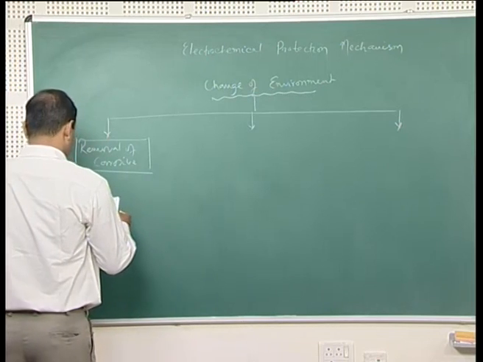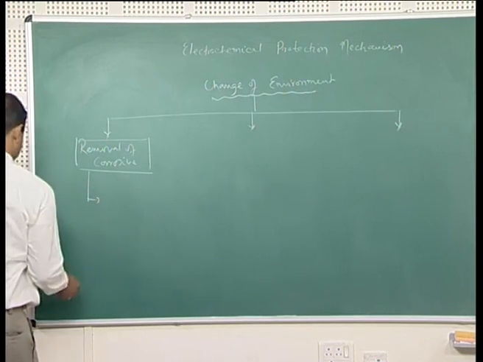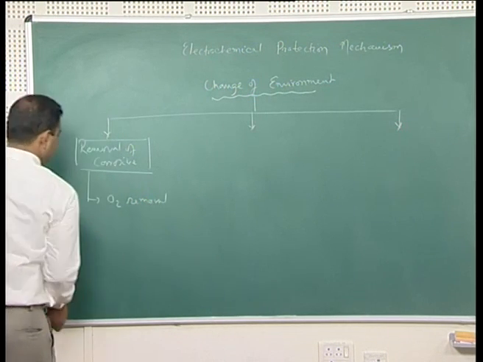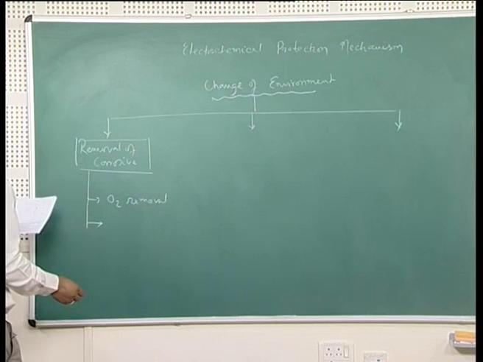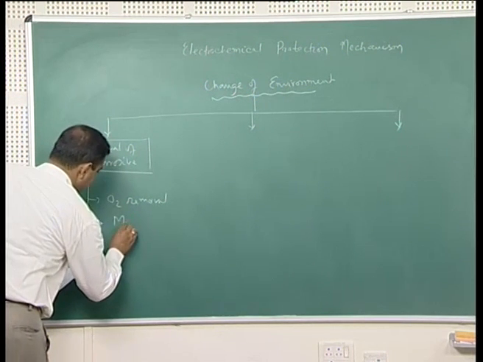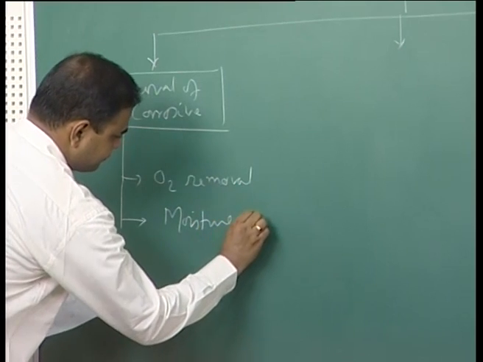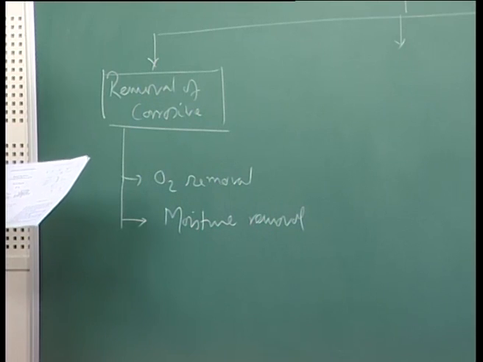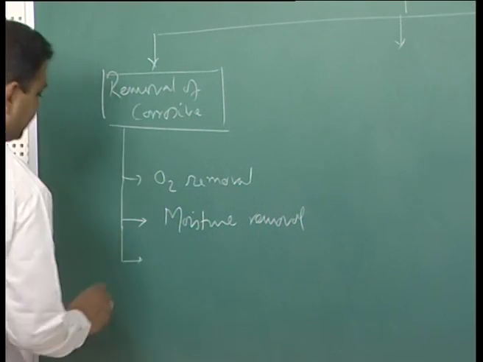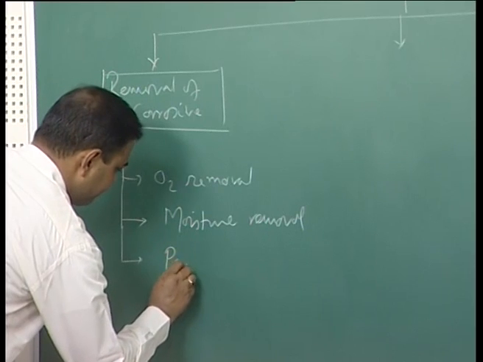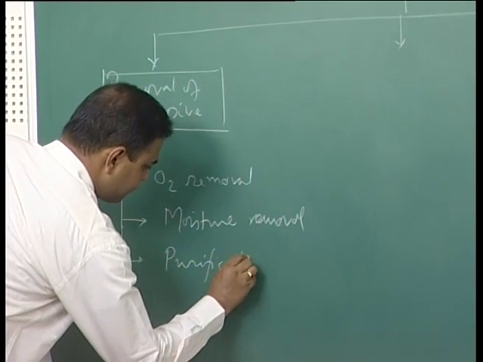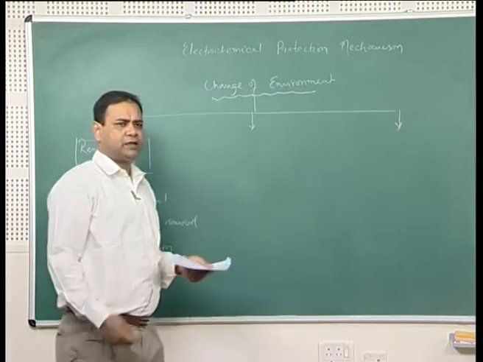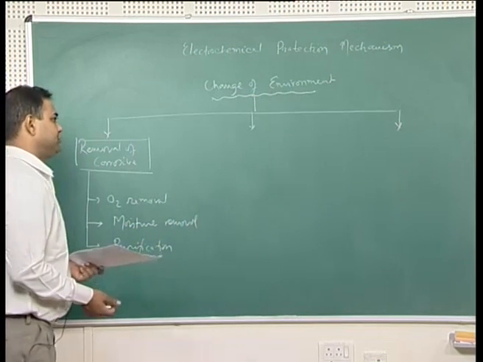So, like that, it can be either oxygen removal, second is moisture removal, or it can be purification. Let us say that HCl does not contain any ferric ion, then the corrosion rate of zinc will reduce.